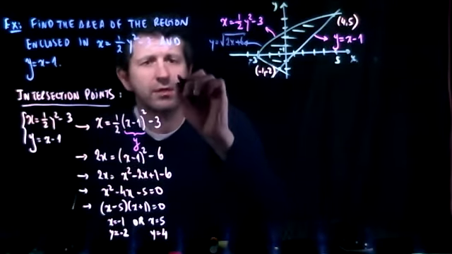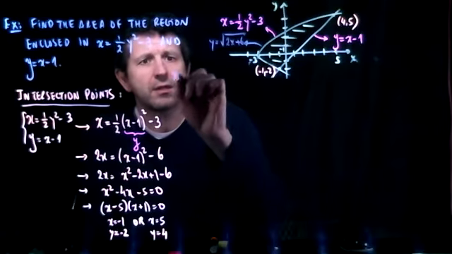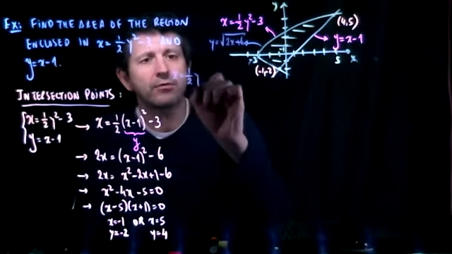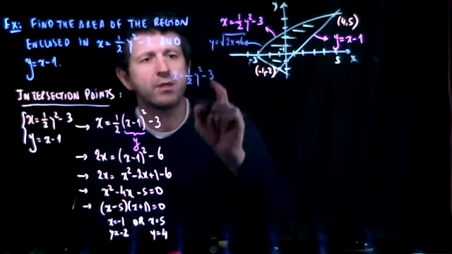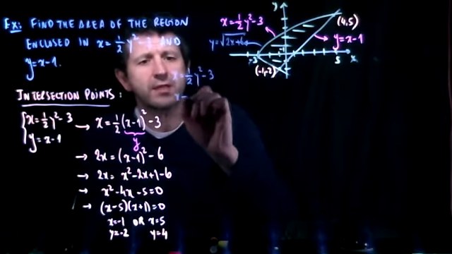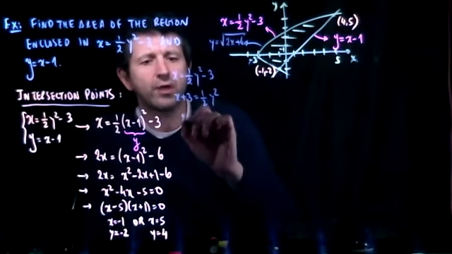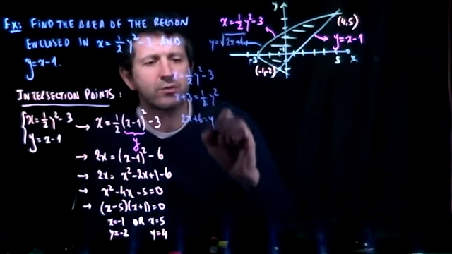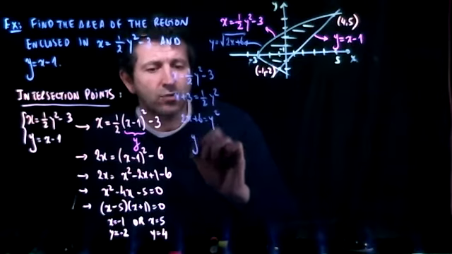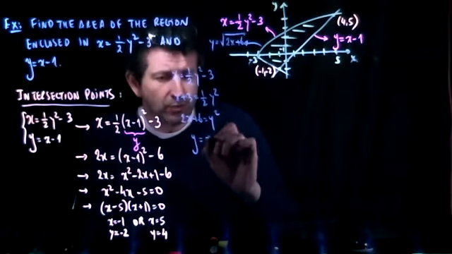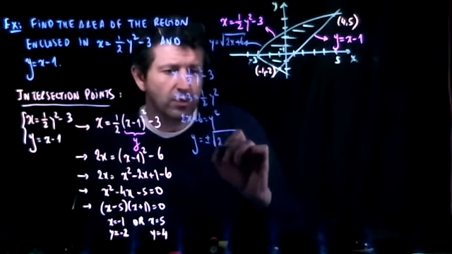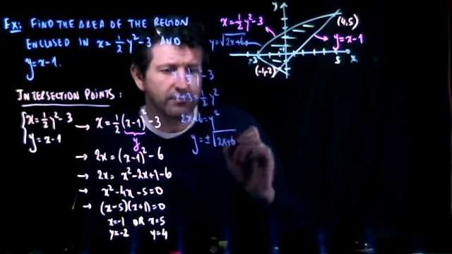I could do it on the side here. x equals 1/2 y² minus 3. So x plus 3 is 1/2 y², times 2, I get 2x plus 6 equals y². And so y will be plus or minus the square root of 2x plus 6.